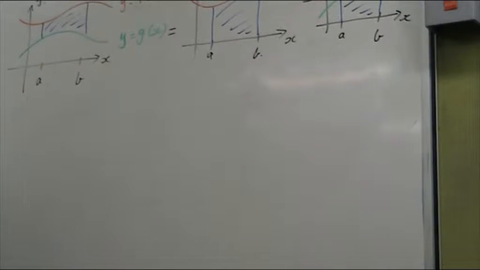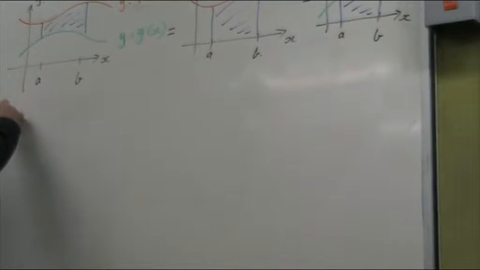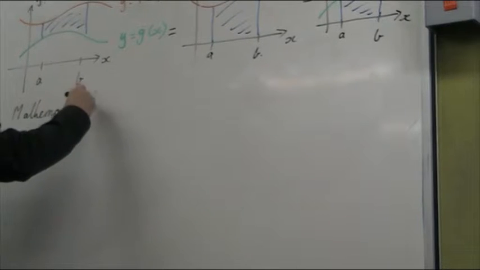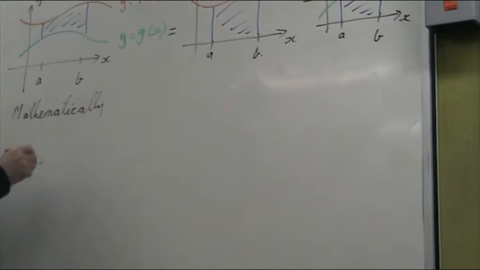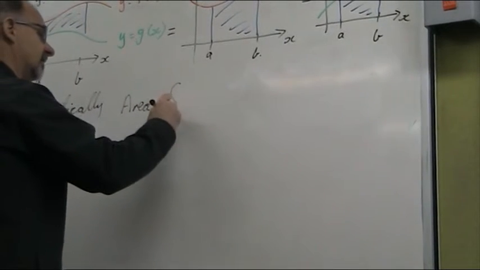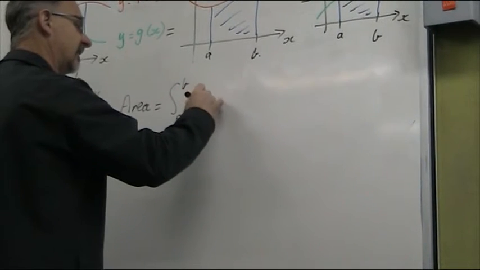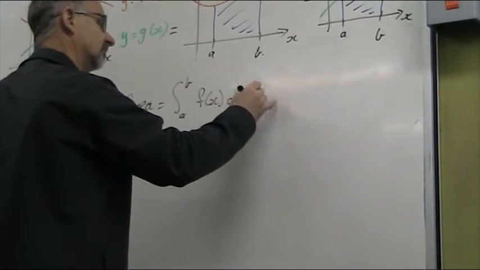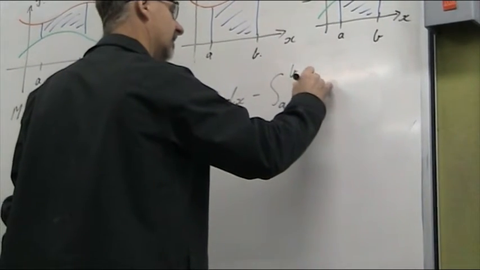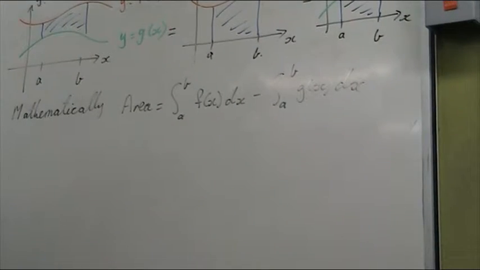So in terms of our integrals, we have then that the area would be the integral from A to B of the upper one, which is f x dx, minus A to B, the area under the lower one, which is g.